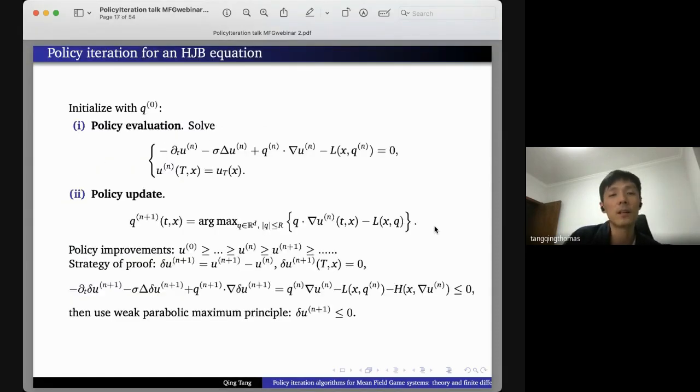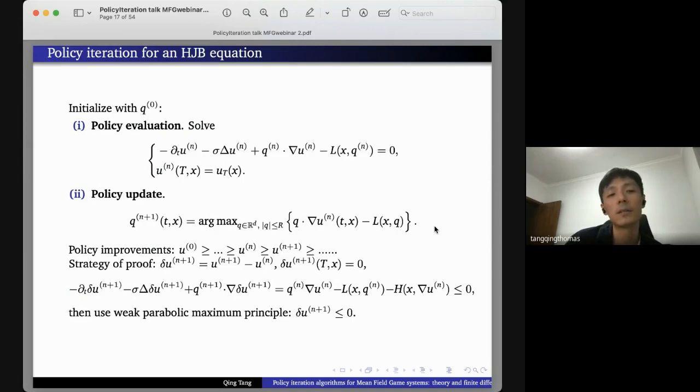Okay. Here are the algorithms. I start with the policy iteration for the HJB equation. For the HJB equation, we start with Q0, and we solve the linearized HJB equation for U_n, then we update Q_n.